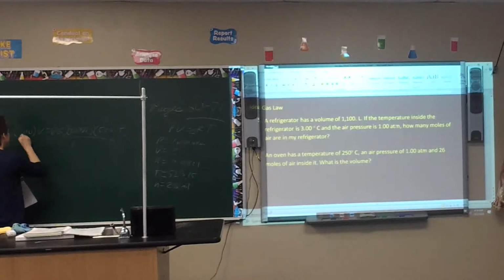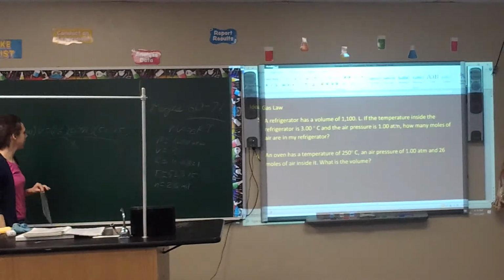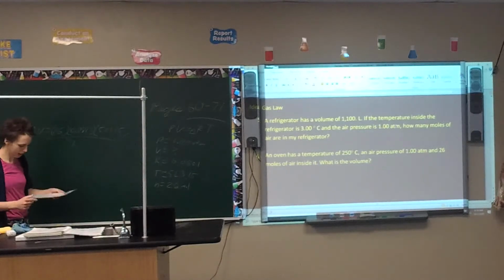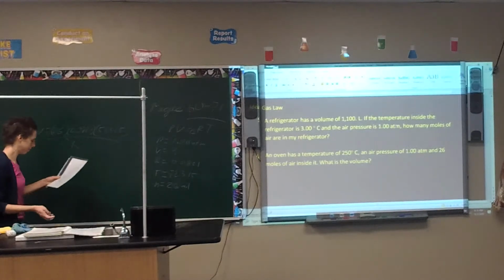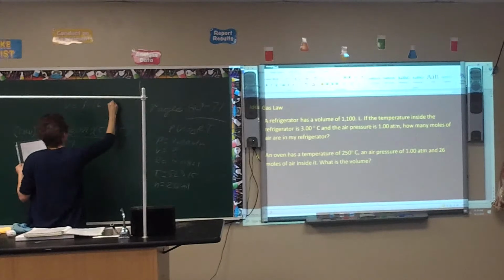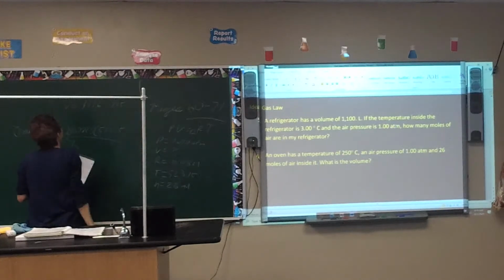Divide by 1, which will cancel out anyway, but we'll move it over so that I get V by itself. So 26 times 0.0821 times 523.15 divided by 1. That becomes V equals 1,116.715, and it keeps going.